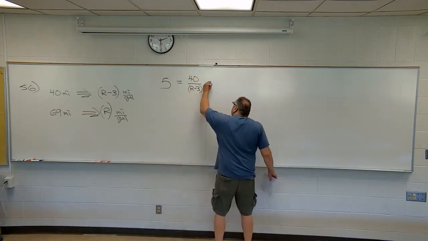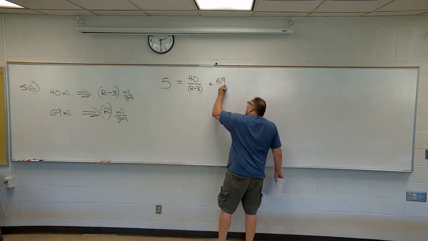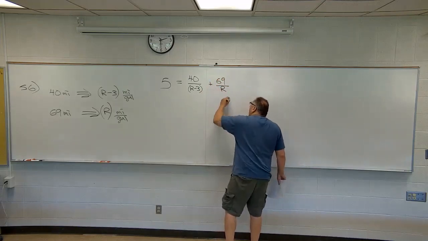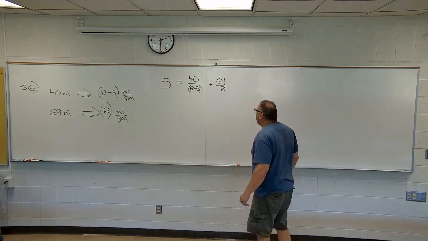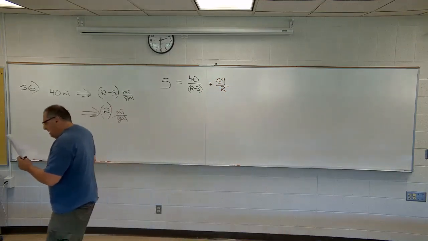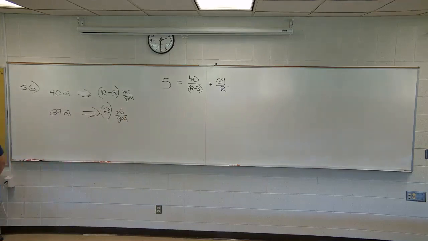The other guy, 69 miles on the highway, and that gave you R miles per gallon. That's it. So they're asking here, find the gas mileage of the car on the highway.